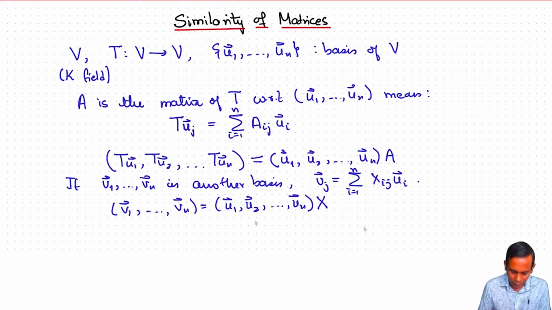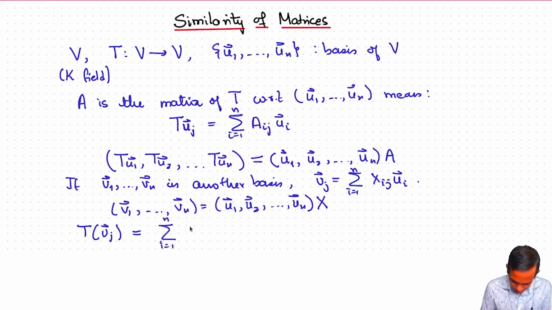Now I want to understand the matrix of T with respect to this new basis v1, v2, ..., vn. So if you look at T(vj), by linearity this is the summation, i goes from 1 to n, of x_ij T(ui).